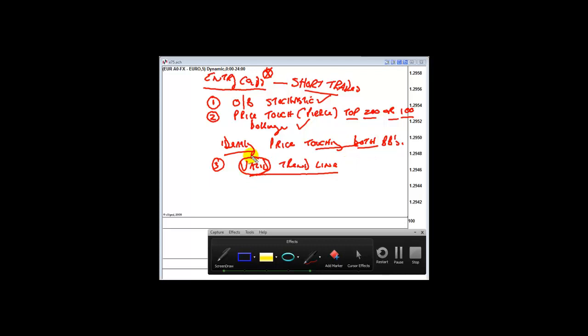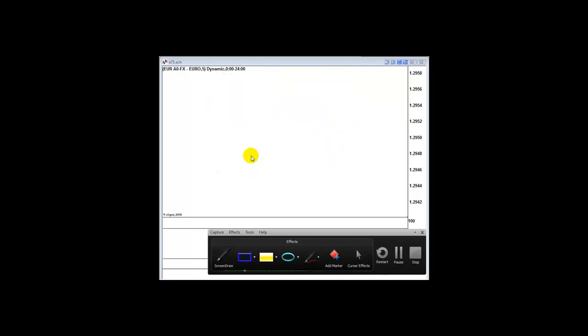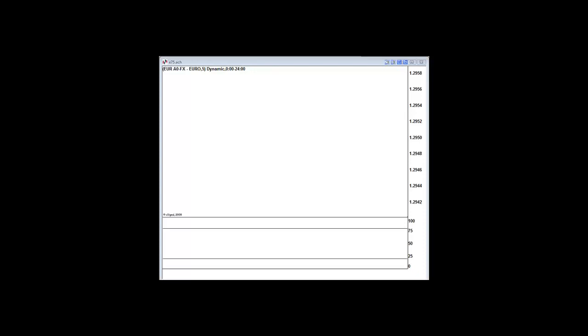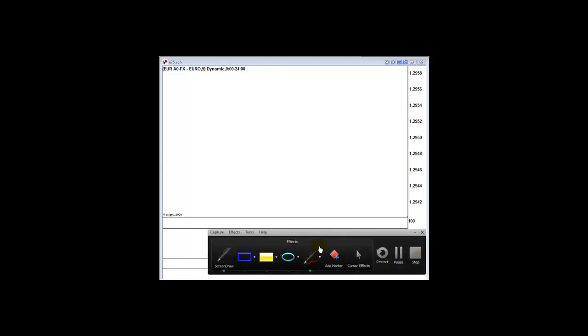Now, let's recap on what a valid trend line is. So I'm going to just get rid of this and then clear the screen. So what is a valid trend line? Now, you can remember this from yesterday probably. First of all, ideally it should be 3 hours long or greater.